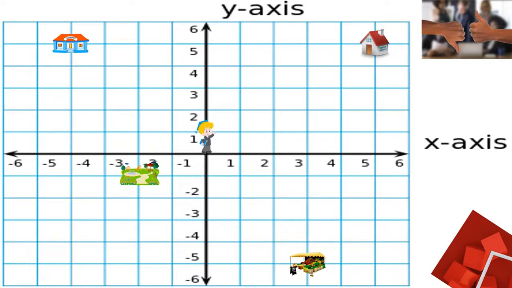Take a look at how the rectangular coordinate system is used in locating position. Say the boy is at the origin. This is his reference point. How does the boy get to his house? Yes, the boy will take 5 steps horizontally, and then he will take another 5 steps upward.